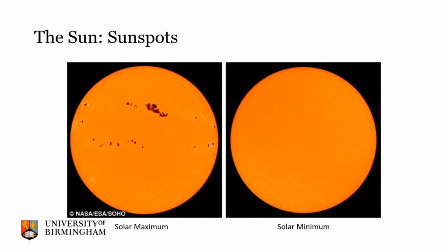The sun goes through a number of variations, some of which you might be familiar with. For example, it goes through what we call the solar activity cycle, where at low solar activity, the sun looks fairly plain and unstructured, whereas at high solar activity, or what we call solar maximum, you can start to see the appearance of a number of these structures on the sun that we call sunspots.